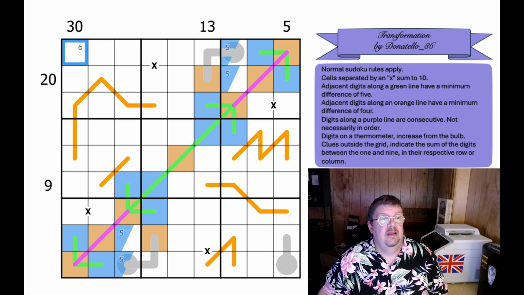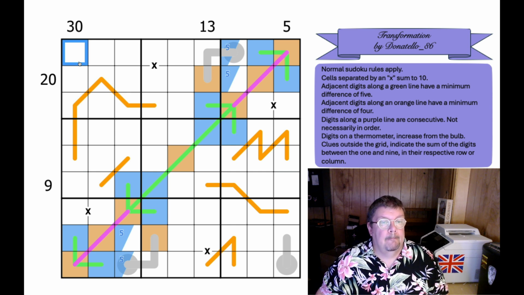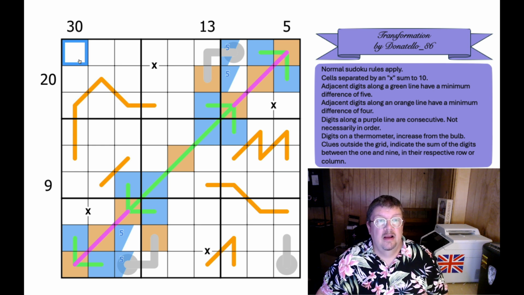So this 30 means that the digits that are outside of the 1 and the 9 must sum to 5. So that means that we either have a 5 that is outside and then the 1 and the 9 are at the extremes, apart from where the 5 is.